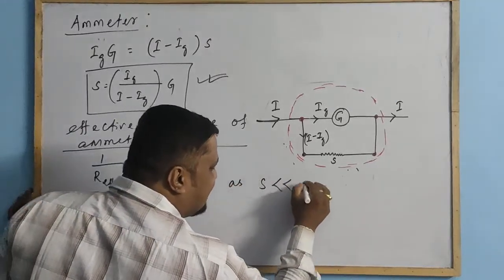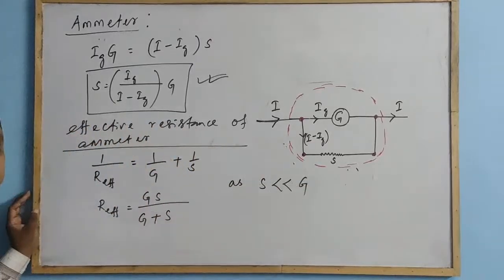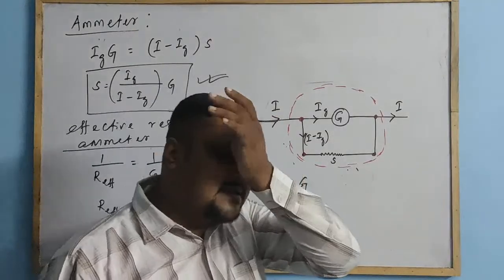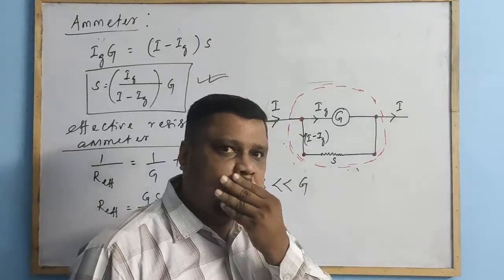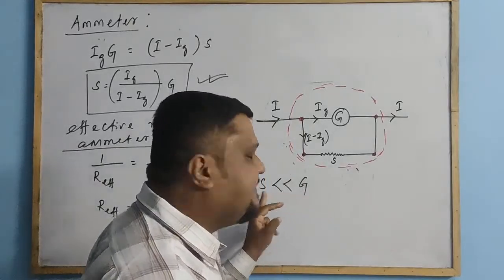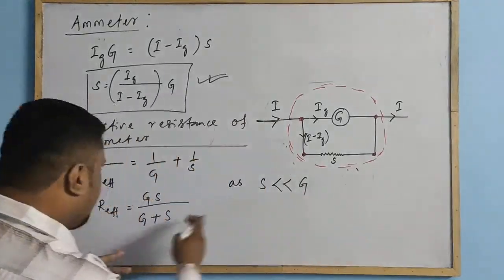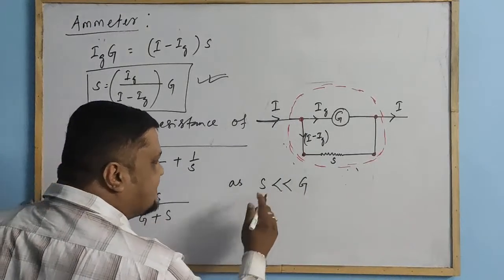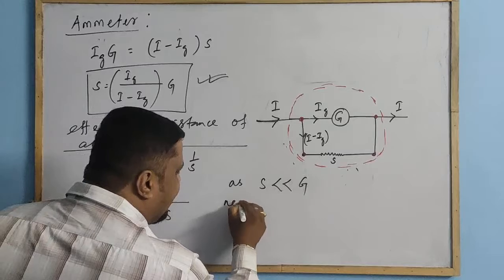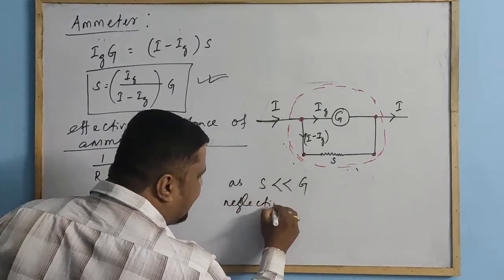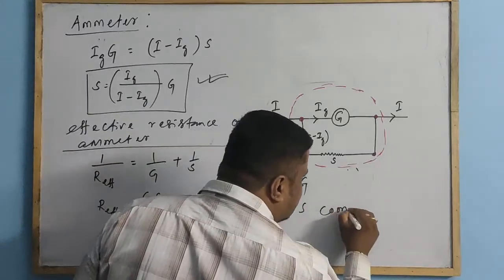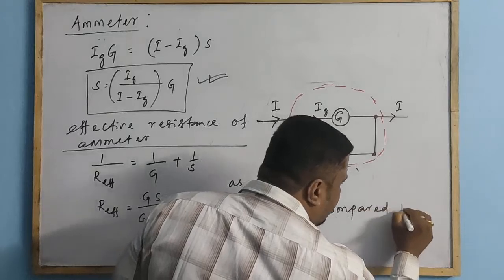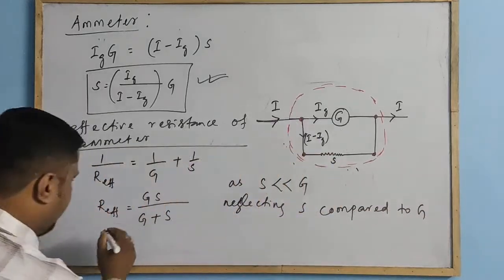The galvanometer resistance G is very, very large compared to the shunt resistance S. Clear? So S is very, very small compared to G. Neglecting S compared to G, what will you get?